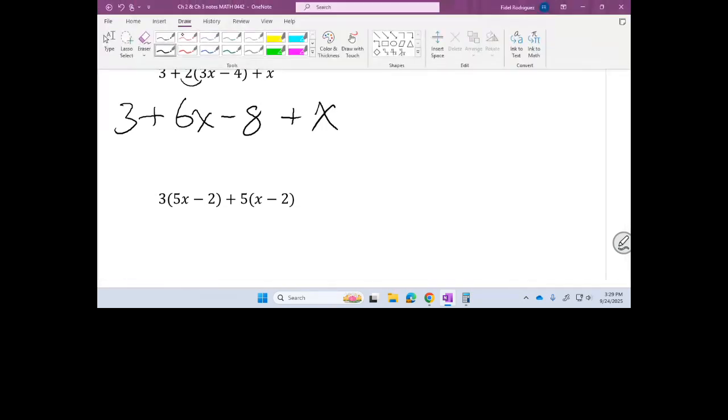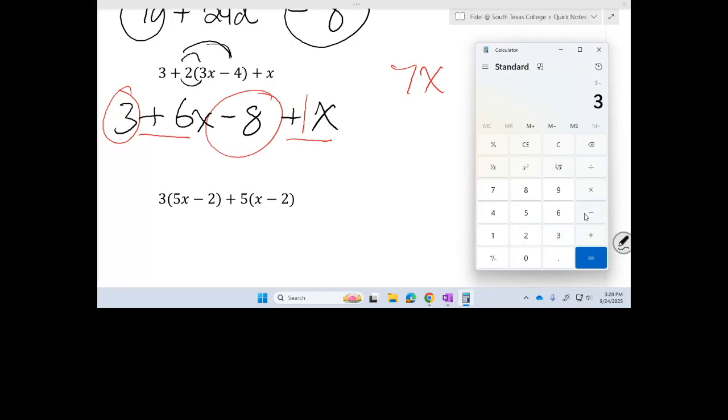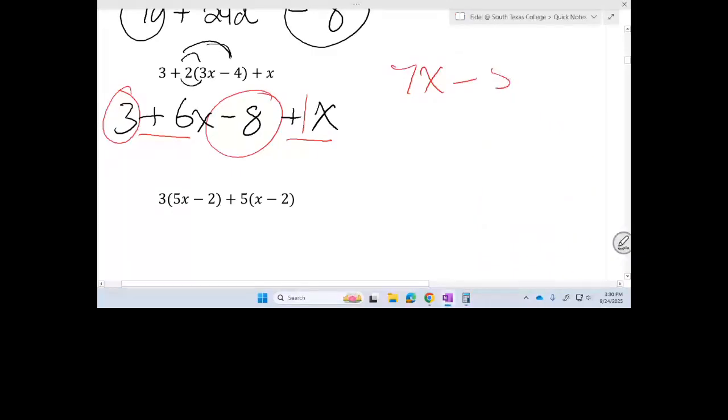Y'all remember, if there's no number in front of the x, you can always assume that the number there is a 1. So let's combine our x's. 6 plus 1 more, 7. What about 3 minus 8? Again, if you need to, use your calculator. 3 minus 8, minus 5. Boom, and you're done.